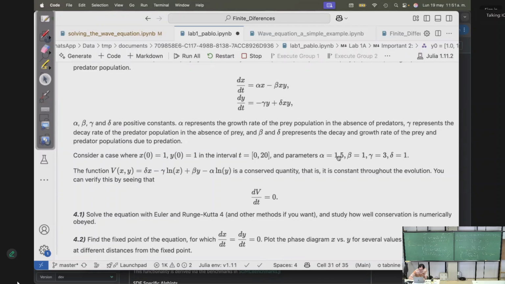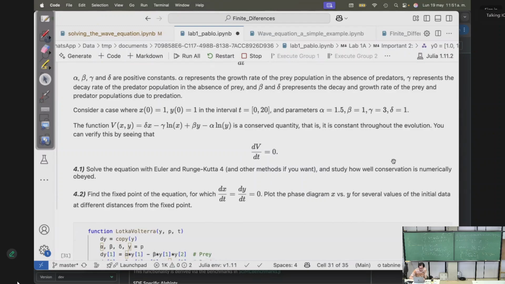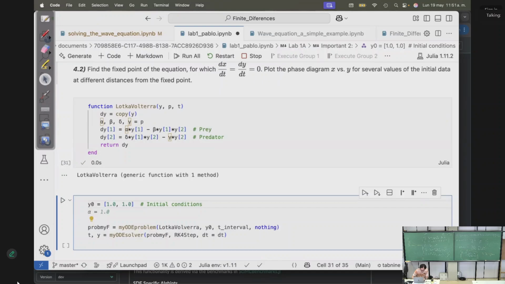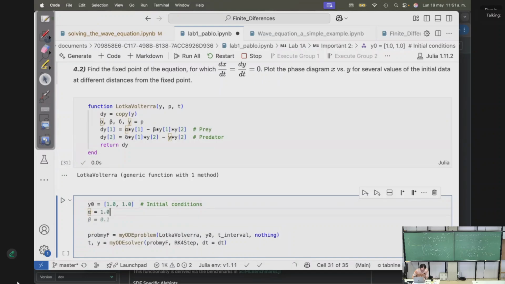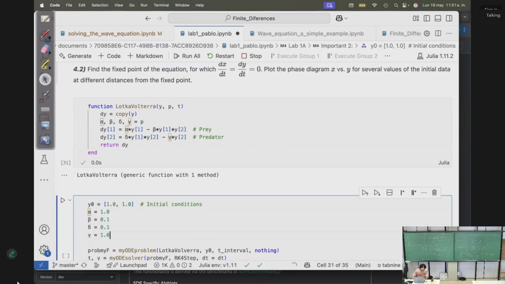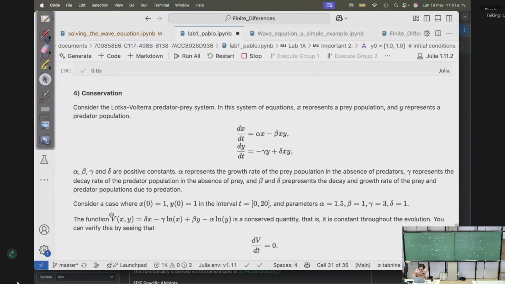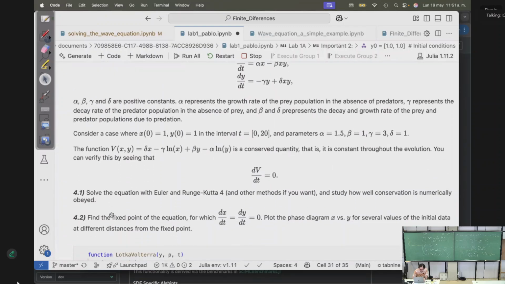Alpha equals 1.5, beta equals 1, gamma equals 3, and delta equals 1. So we will try to use here the help of Copilot and put 1.5, 1, 3, and 1.